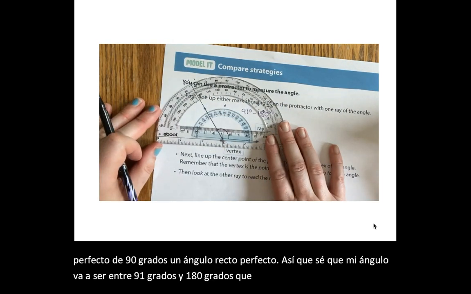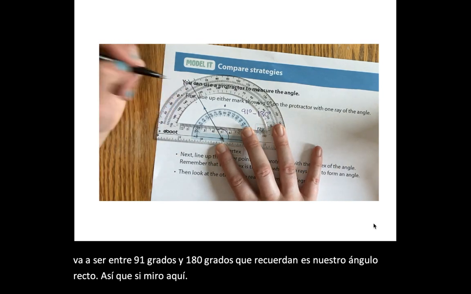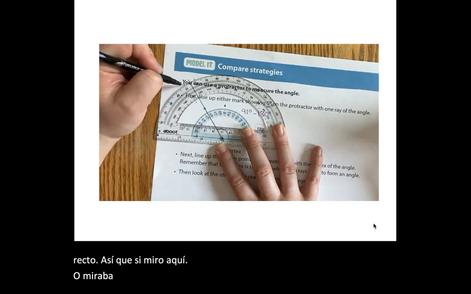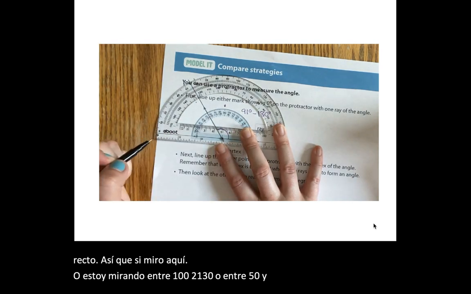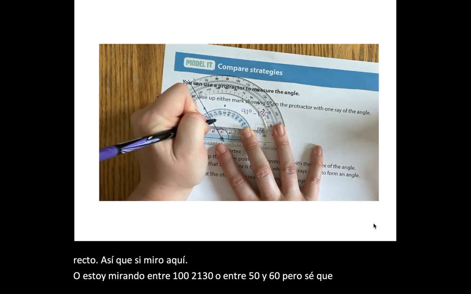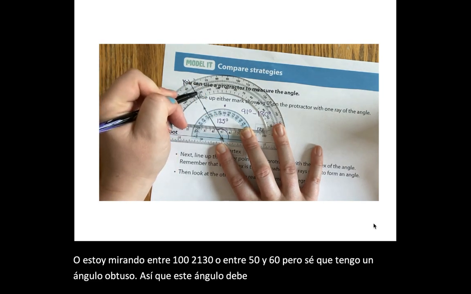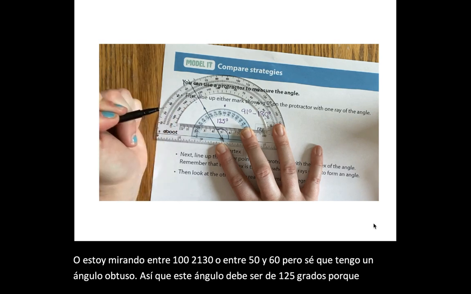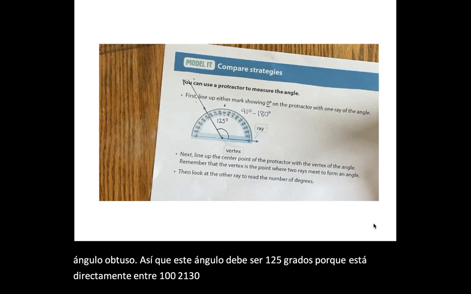So if I look here, I'm either looking between 120 and 130, or between 50 and 60. I know that I have an obtuse angle, so this angle must be 125 degrees because it is directly between 120 and 130, and I have an obtuse angle.